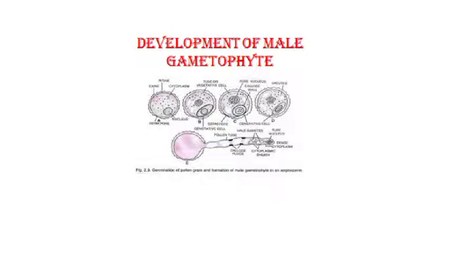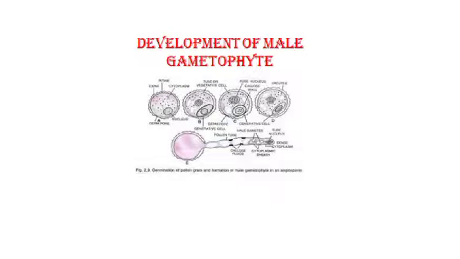The haploid cell undergoes cell division and forms two unequal cells, a smaller generative cell and a larger vegetative cell. The generative cell is initially attached to the intine, and the larger vegetative cell is in the cytoplasm.